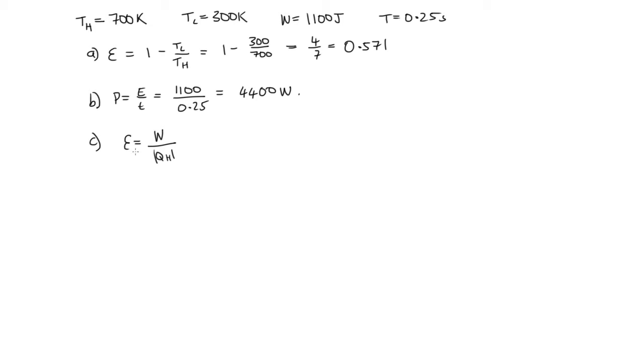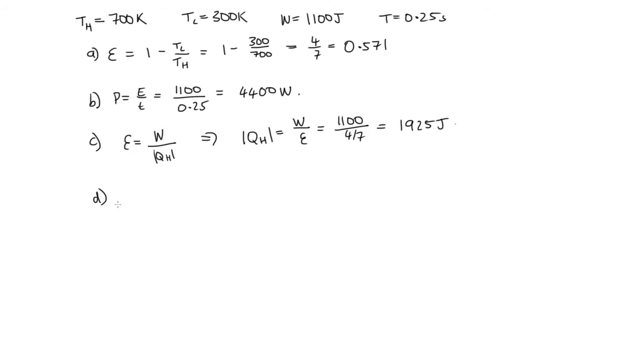So since we know the efficiency and we know the work that we get out, this is the easiest way to find QH. So QH is equal to the work we get out over the efficiency. So that's equal to 1,100 over 4/7. And solving that on the calculator, we end up with 1,925 joules.